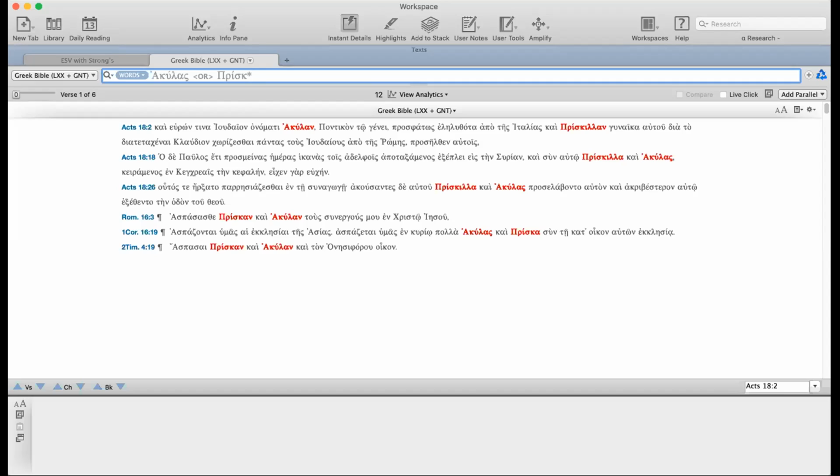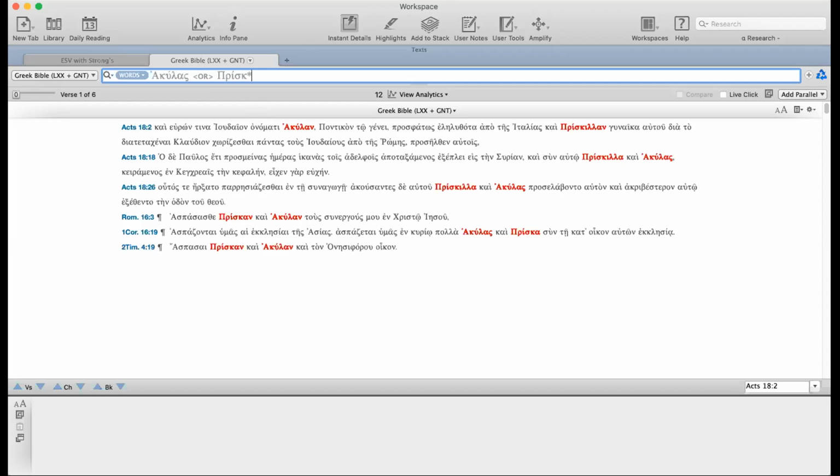What we can see is Acts 18, Priscilla and Aquilas. Romans 16, also Prisca and Aquilas. And in 1 Corinthians, for some reason, Paul says Aquilas kai Priscas. And in 2 Timothy it is Prisca and Aquila. So it's a very interesting case.